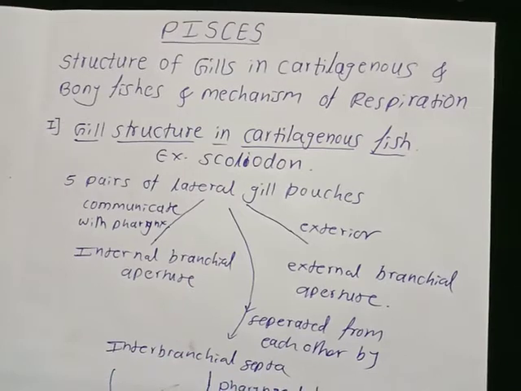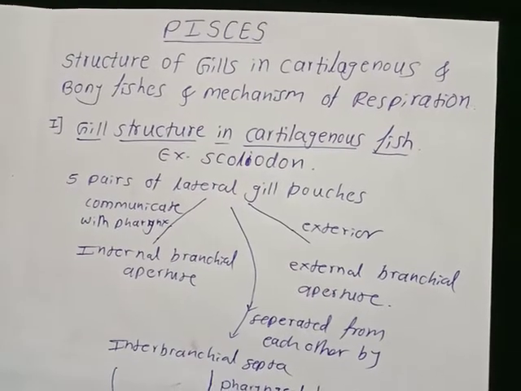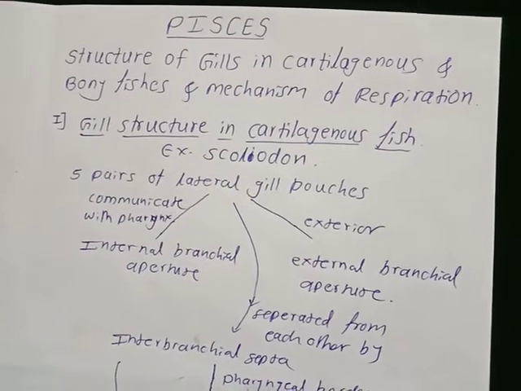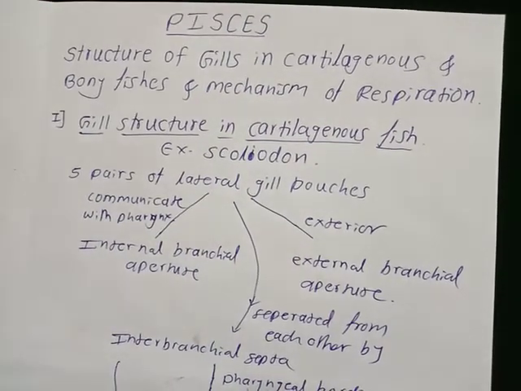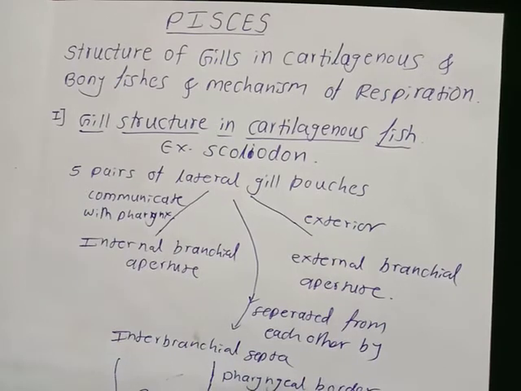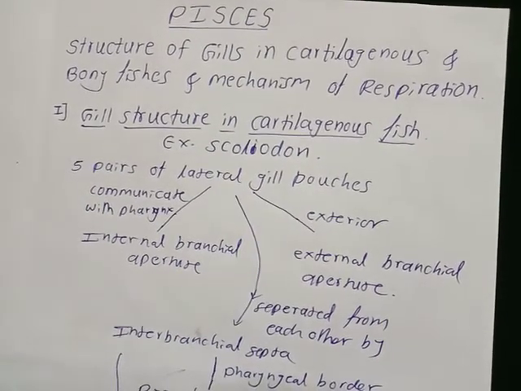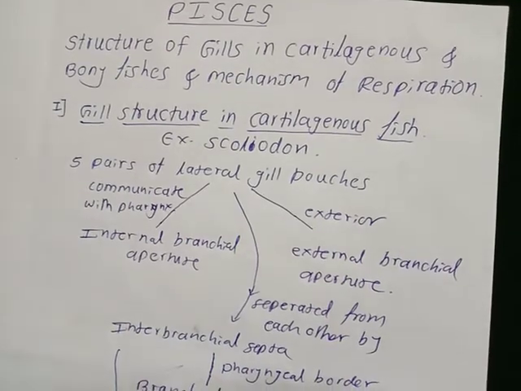In fishes, gills are the main respiratory organs. So today we are going to study about the gill structure in cartilaginous fishes, for example, Scoliodon.